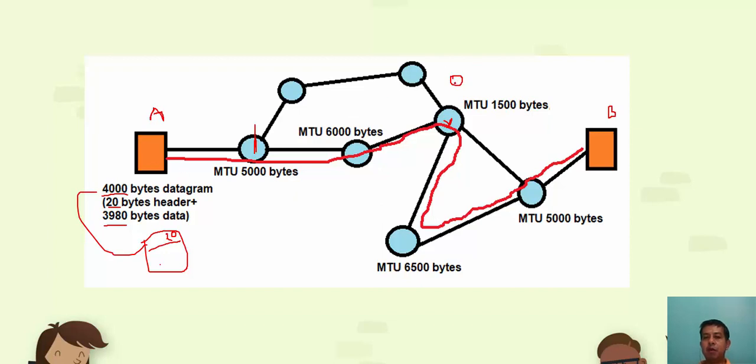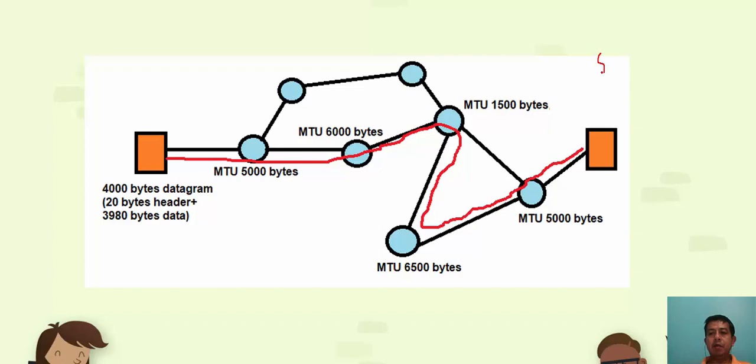This packet has to be divided into smaller parts so that these smaller parts can flow through this MTU of 1500 bytes. One important fact here is that we have already seen that in the fragmentation offset we use a scaling factor of 8.